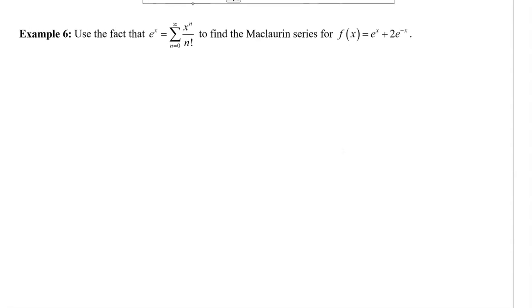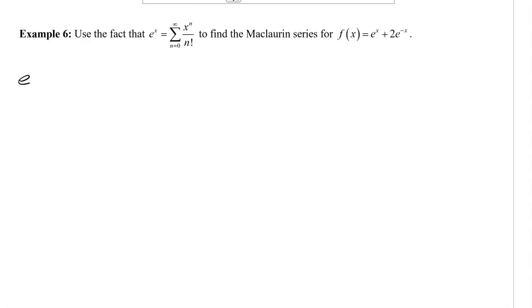Example 6, use the fact that e to the x is equal to the sum from n equals 0 to infinity of x to the n over n factorial to find the Maclaurin series for f of x equals e to the x plus 2e to the negative x.